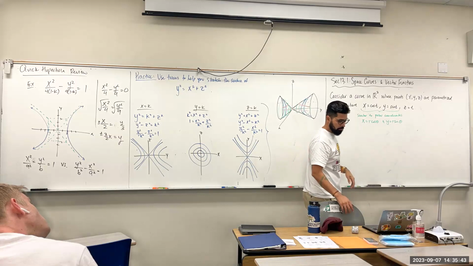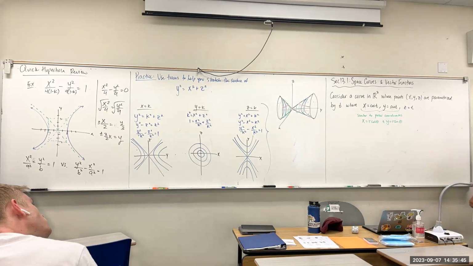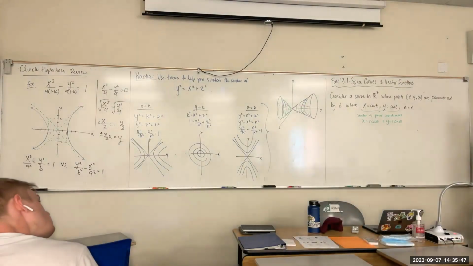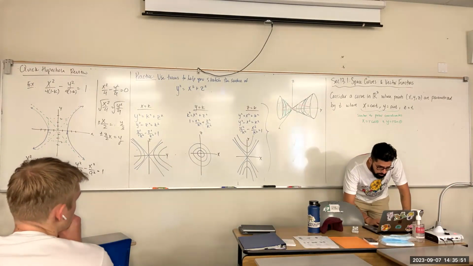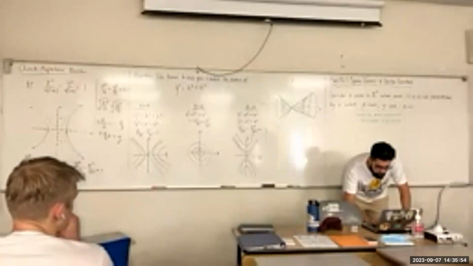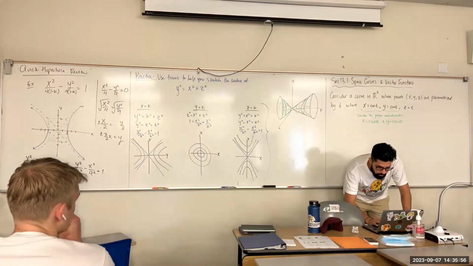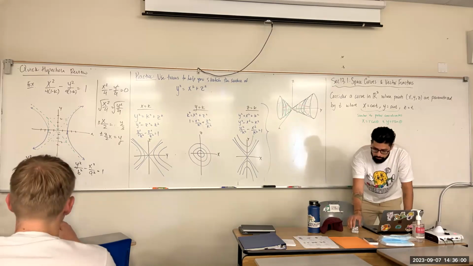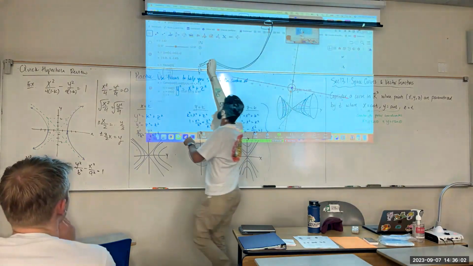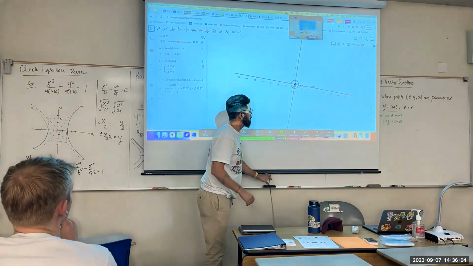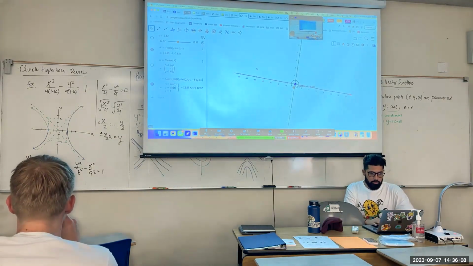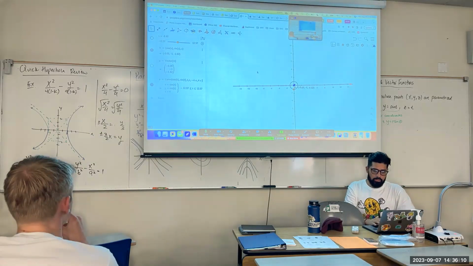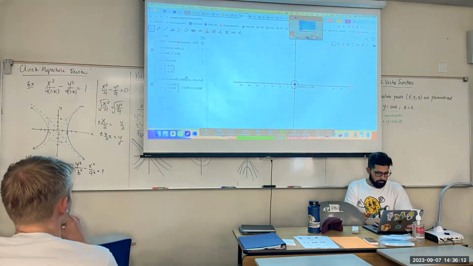Let me show you guys what ends up happening. Here's a circle, a pretty little circle. The red axis is x, the green axis is y.